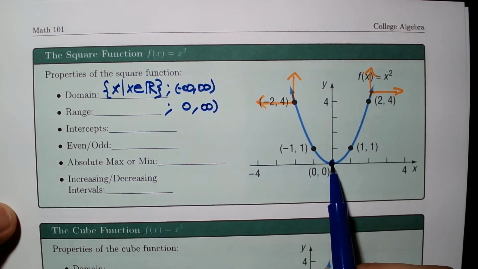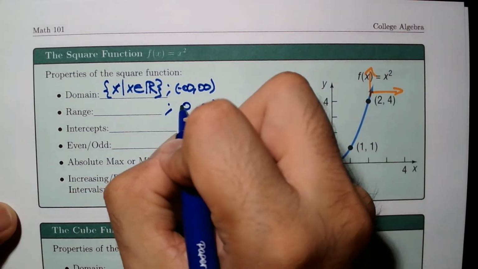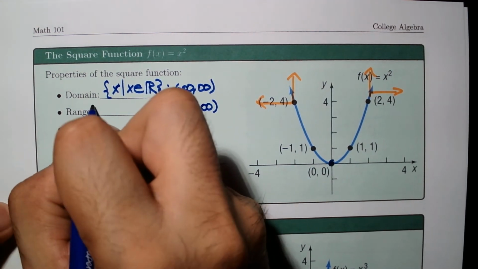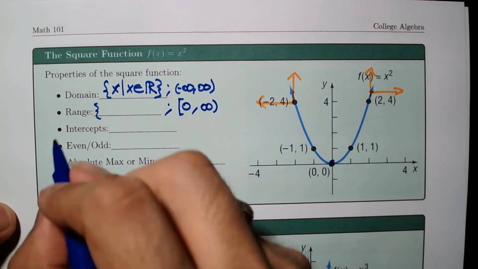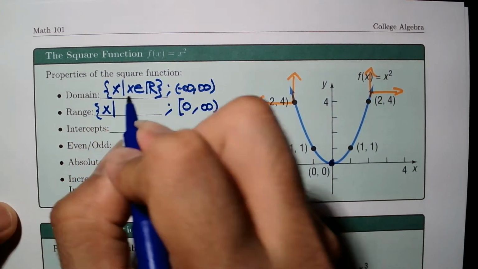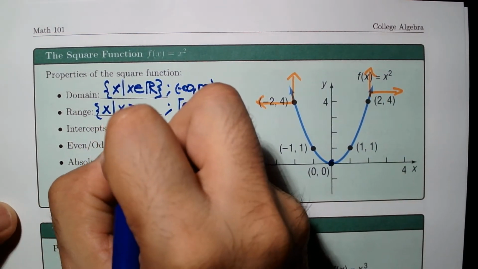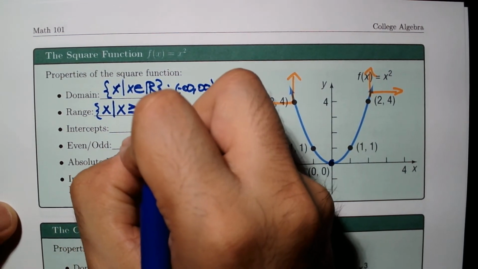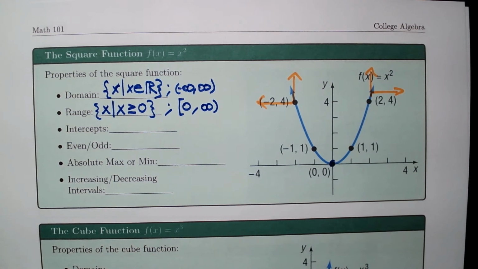In this case, notice the point is defined, the value is defined for that, so we use a bracket. How do we use set builder notation? So y such that y is greater than or equal to 0. That's how we express it using that notation.